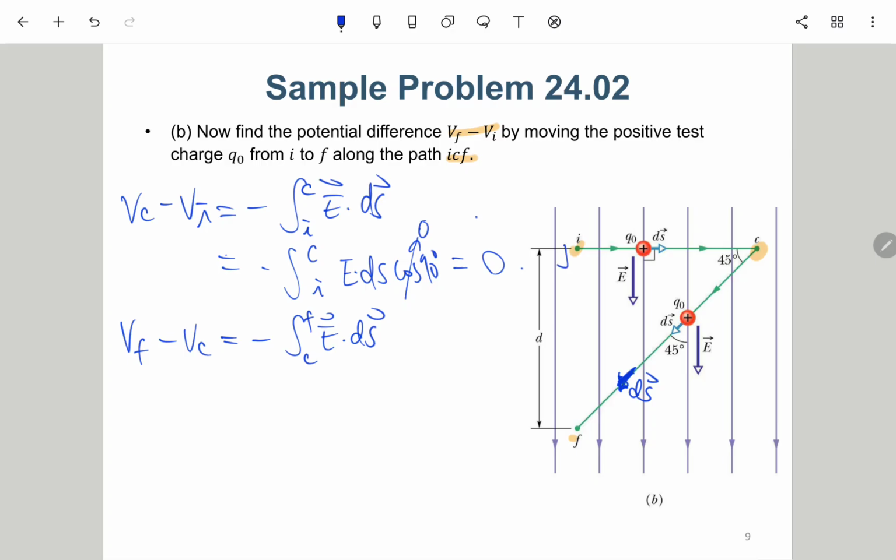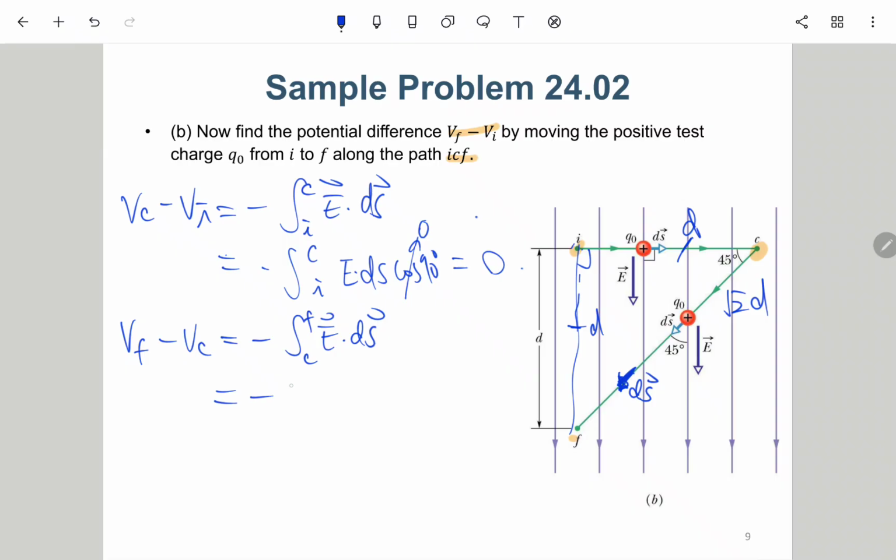This is a right angle triangle, with this side D and this side also D, so this line is square root of 2 times d, according to the Pythagorean theorem.